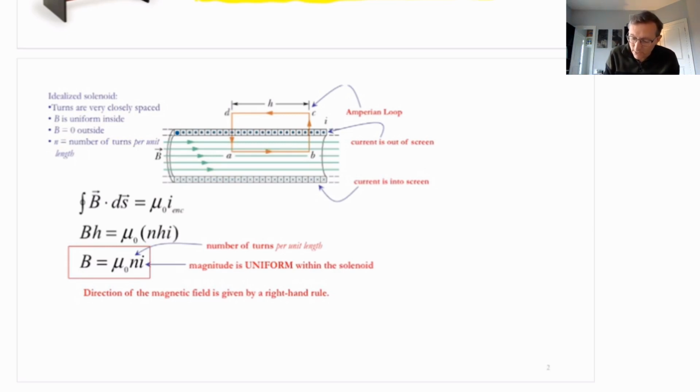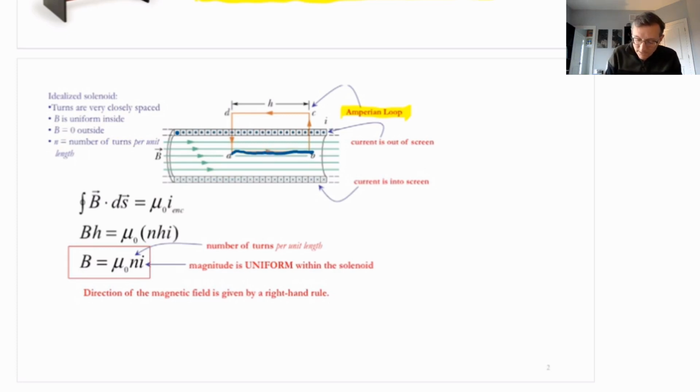And so the Amperian loop that we're going to choose is a rectangle in the plane of the screen of length h. And that's shown there in that orange rectangle. The four corners of the Amperian loop are labeled a, b, c, d. And the arrows show which way we're going to do the magnetic circulation integral, counterclockwise. And we do that specifically so that along that edge right there, we're following B.